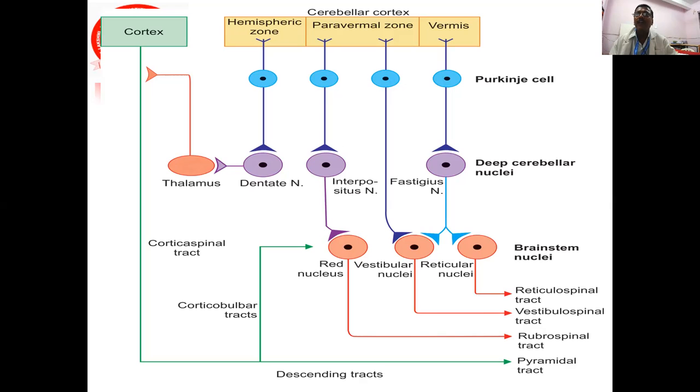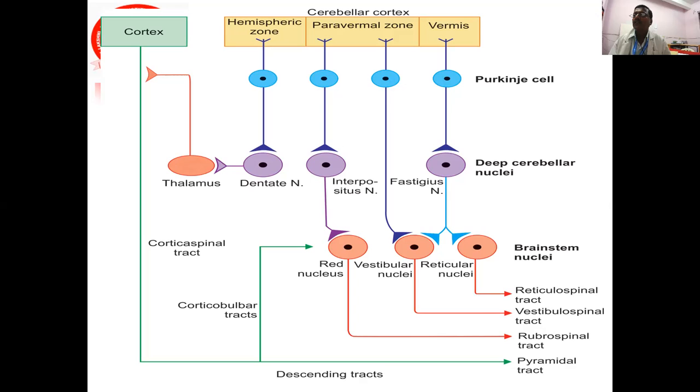Dentate nucleus, hemispheric zone, paravermal zone, vermal zone. All these are interconnected, and they give output to the brainstem nuclei: the reticulospinal tract, vestibulospinal tract, and rubrospinal tract, and vice versa.